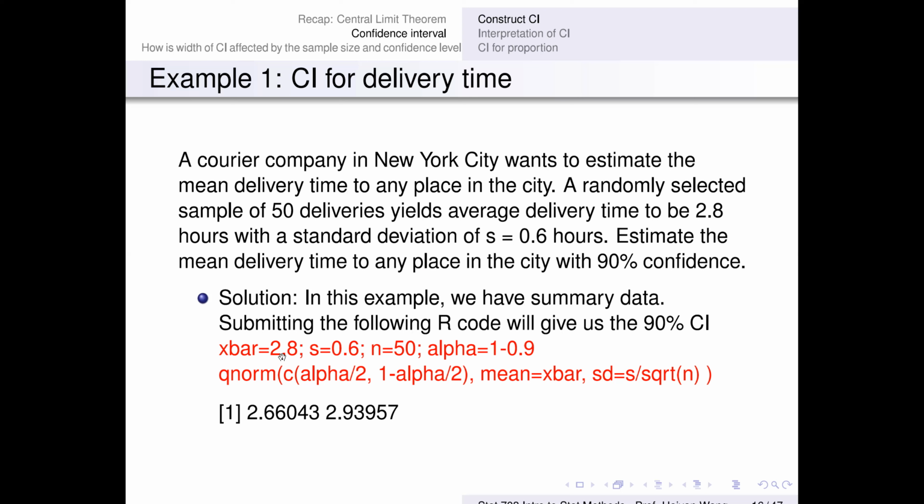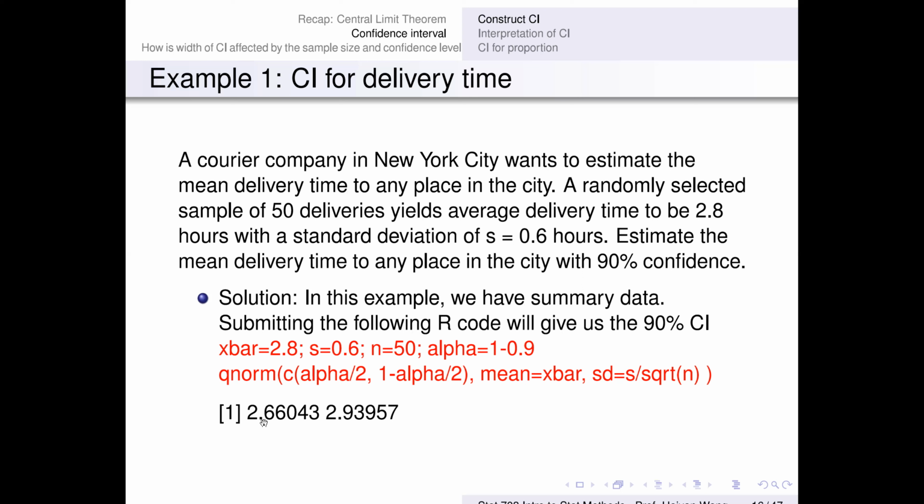So we do x bar equals 2.8, and then a semicolon here to separate the different commands. The next one, s equals 0.6, and so on. And the alpha here is always 1 minus the confidence level. Then we put in the qnorm with the remaining part that gives us the confidence interval.